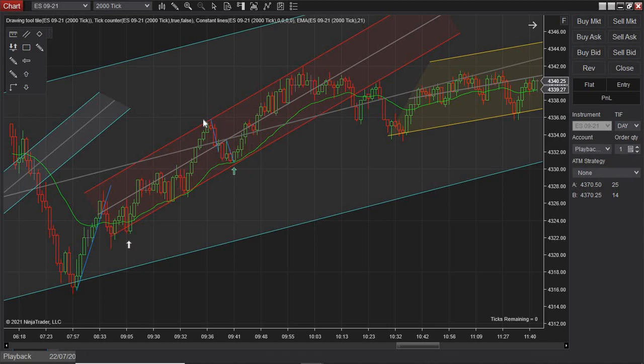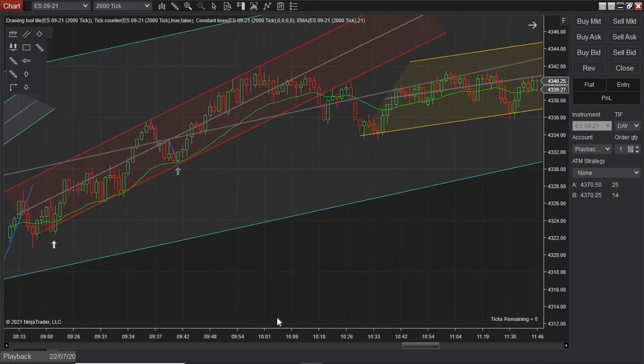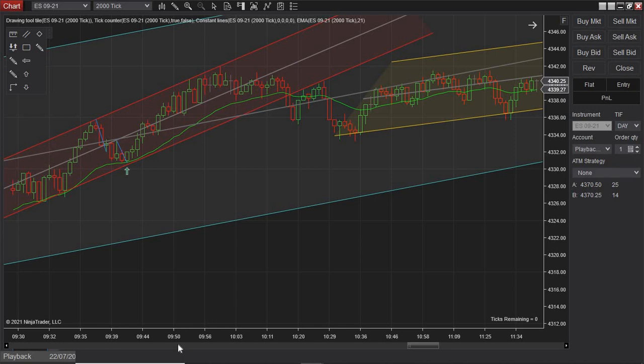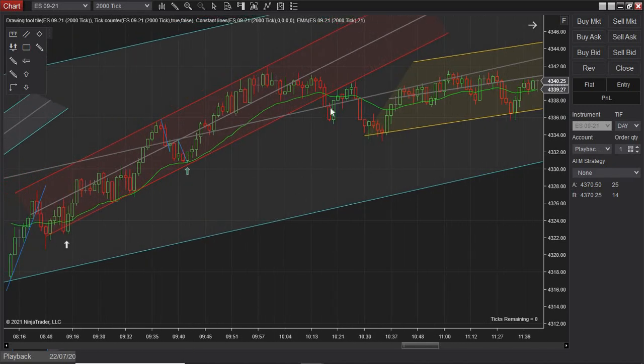Because you have a pullback, then first entry, then pullback. This is your first entry. It's pullback, first entry, pullback, second entry long with this nice bullish bar at the EMA and also at the key entry point. So I think that's worth taking, and it's not even that aggressive actually.